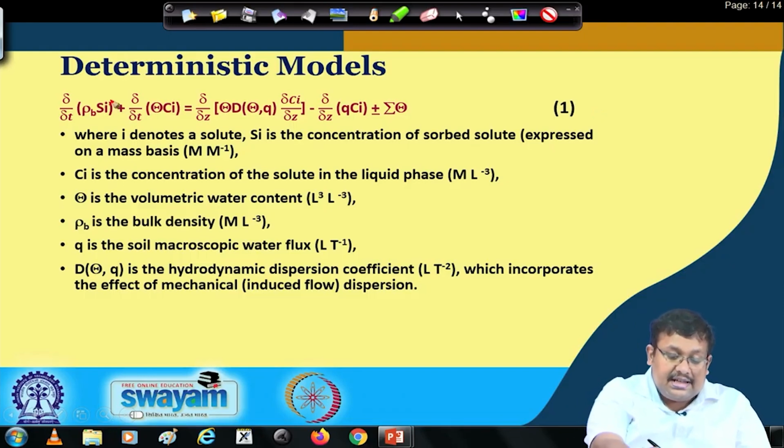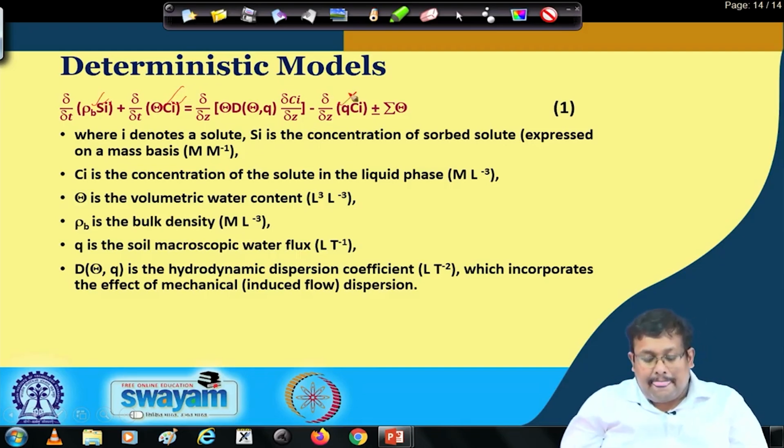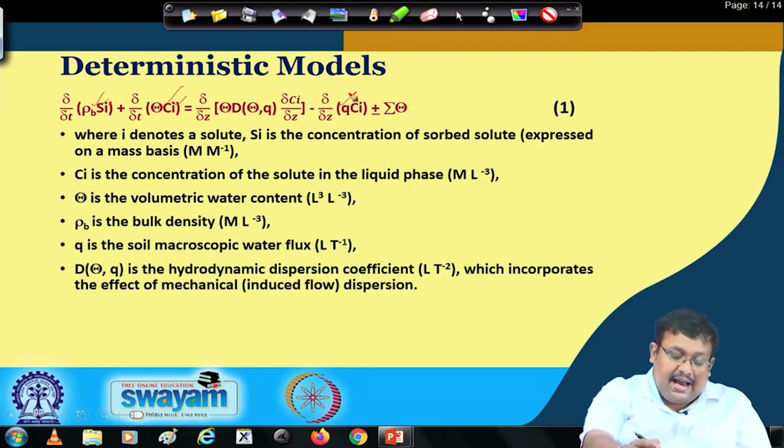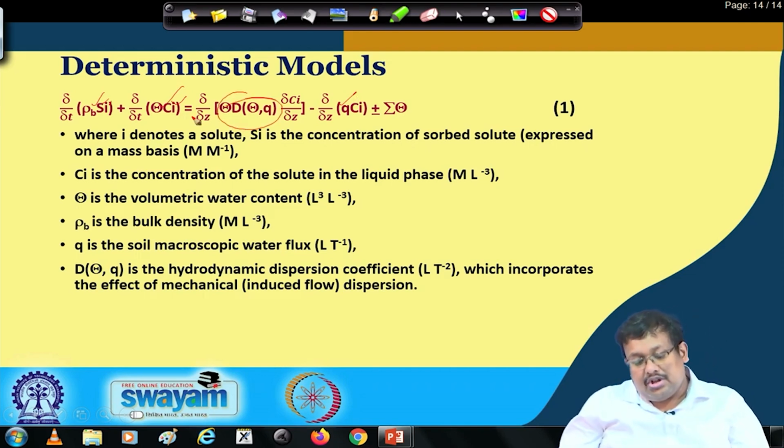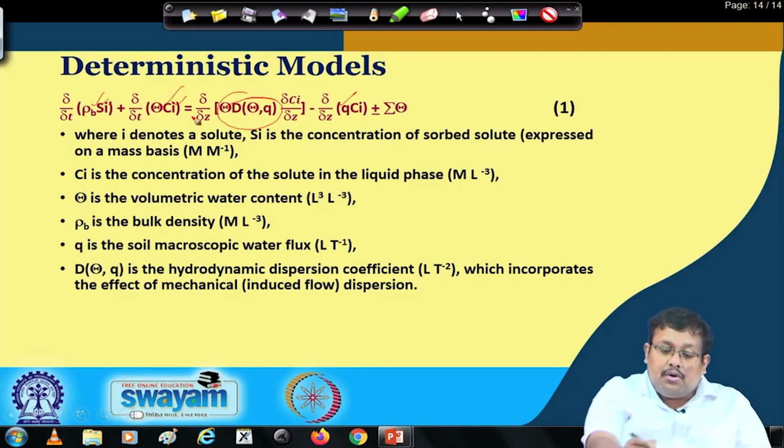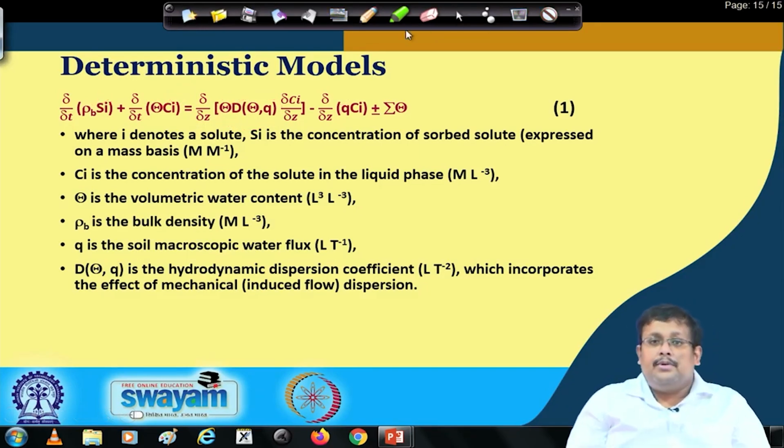For example, the i stands for the solute, whereas S_i stands for the concentration of the sorbed solute, C_i stands for the concentration of the solute in the liquid phase, rho_b stands for the bulk density, theta stands for the volumetric water content, q stands for the soil macroscopic water flux, and this term stands for the hydrodynamic dispersion coefficient, which incorporates the effect of mechanical dispersion or induced flow. So, we have covered up to this.